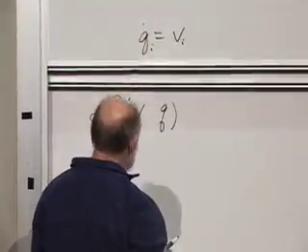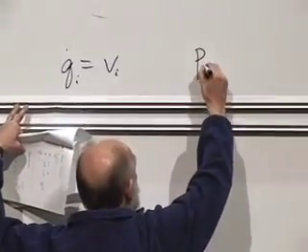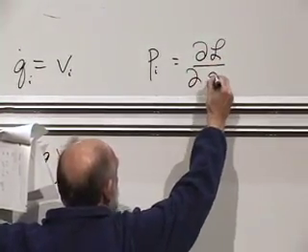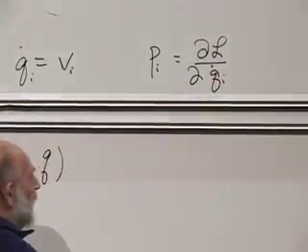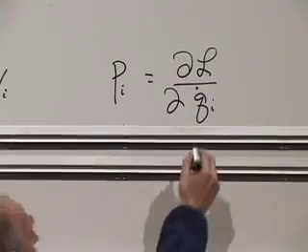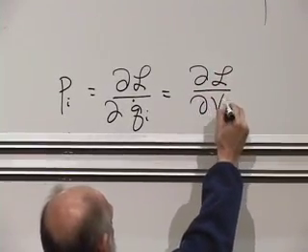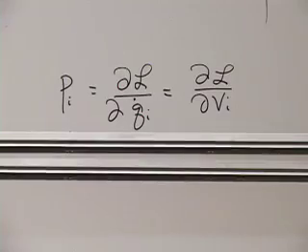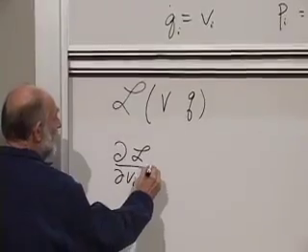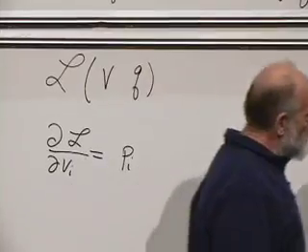V sub I is equal to q dot. Let me write up here another equation of mechanics that you're familiar with. P sub I is the derivative of the Lagrangian with respect to q dot. Remember that? The dL by dq dot defines P. But that's the same as saying dL by dV equals P sub I. That's the first of our equations over here.